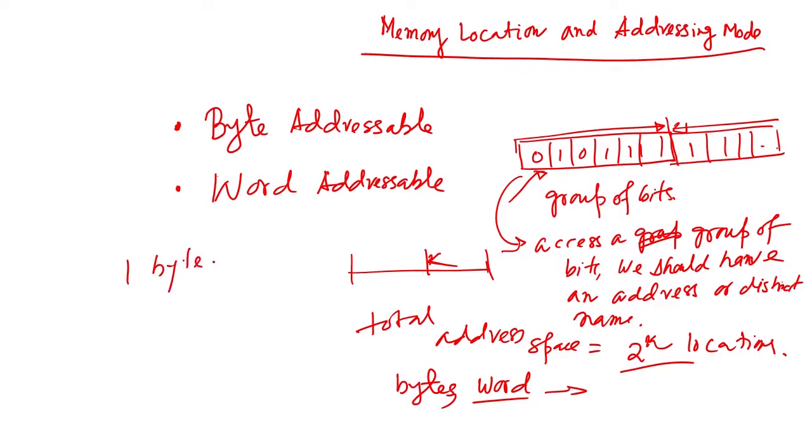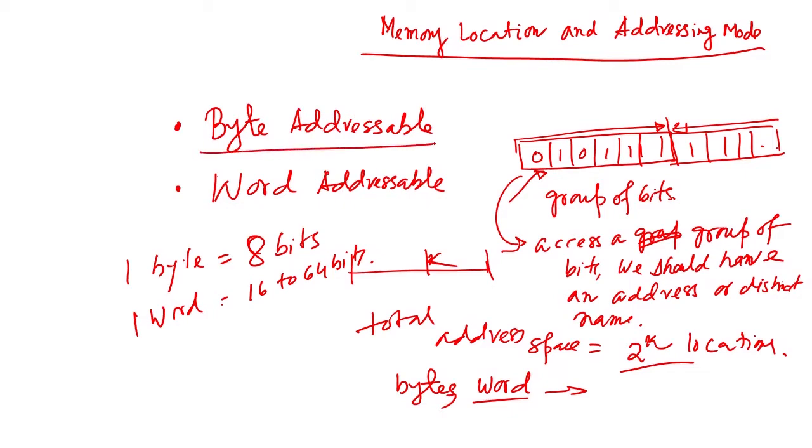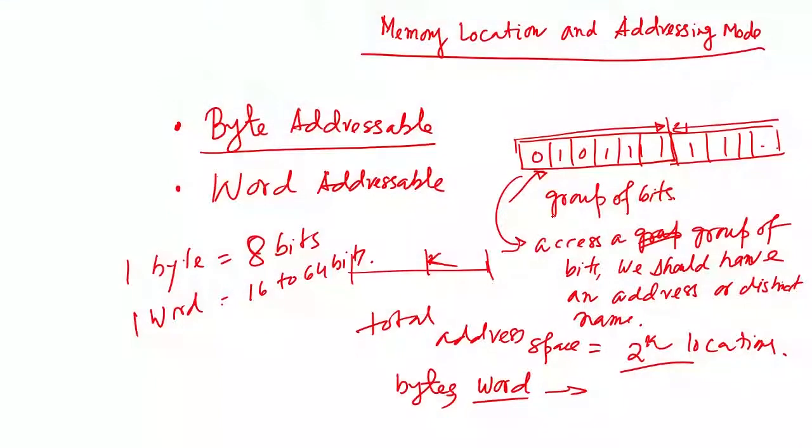As you know, 1 byte is 8 bits, and 1 word is generally a multiple of bytes, generally 16 to 64 bits. These are the basic things we know. Now, based on that there is something called byte addressable. Byte addressable means, as we said, that each group should have an address. In the case of byte addressable, the length of the group is 8 bits, that means 1 byte, so each byte should have an address. Then we can access each byte, and in that case we say it is byte addressable.